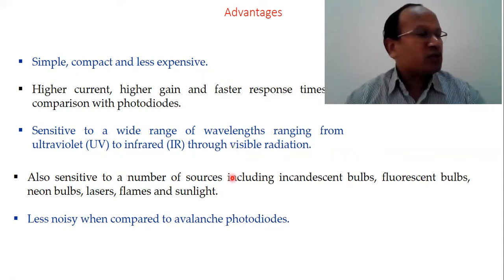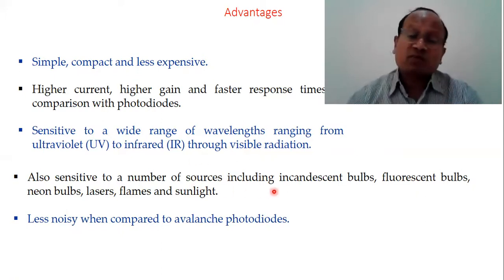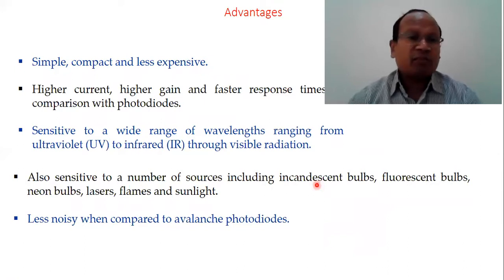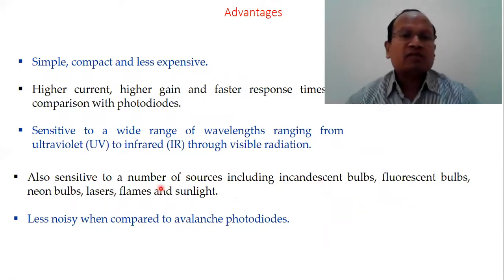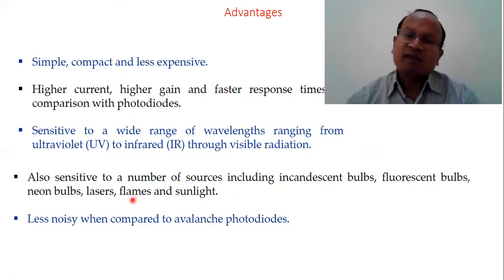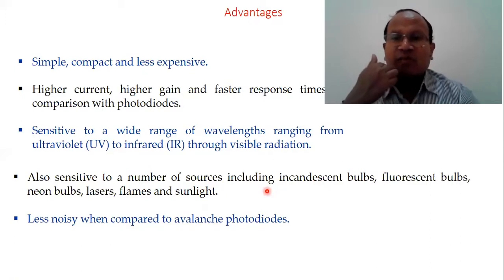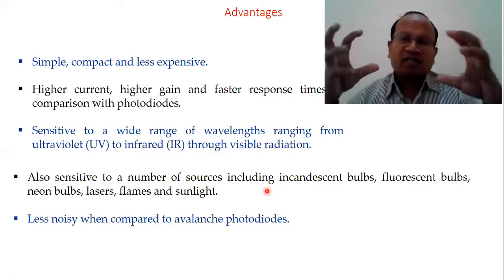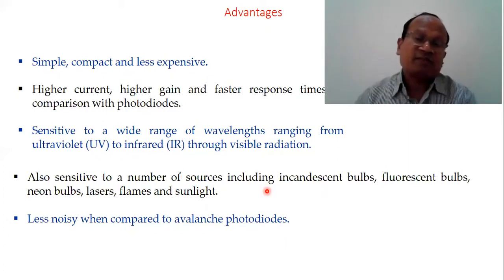It is also sensitive to a number of sources, including incandescent lamp bulbs, fluorescent bulbs, neon bulbs, lasers, flames, and sunlight. Because when there is an incandescent lamp bulb or fluorescent bulb or neon bulb or laser, all these are light sources.